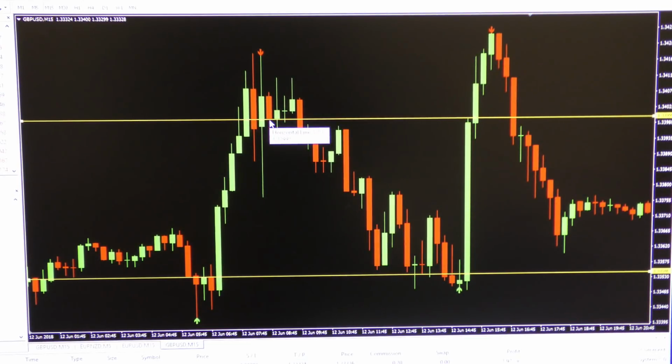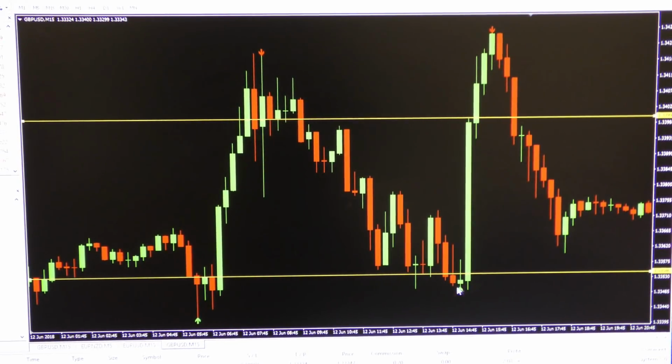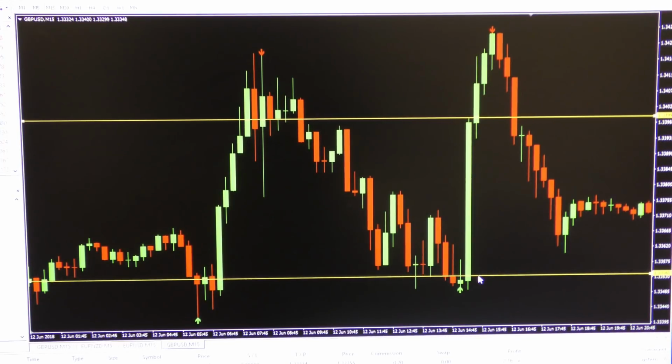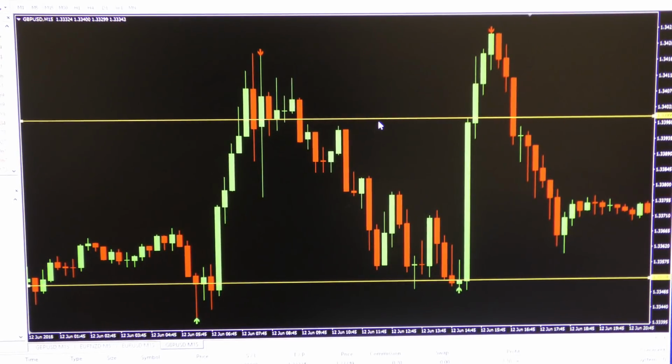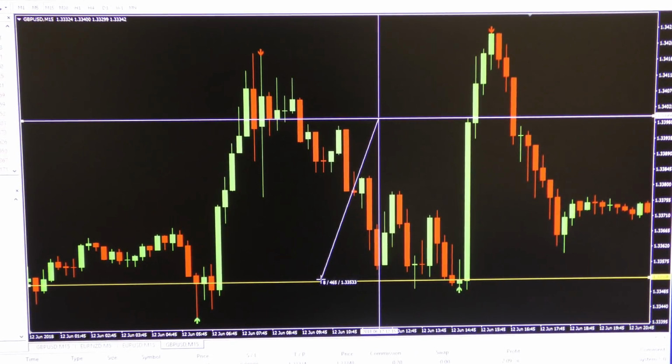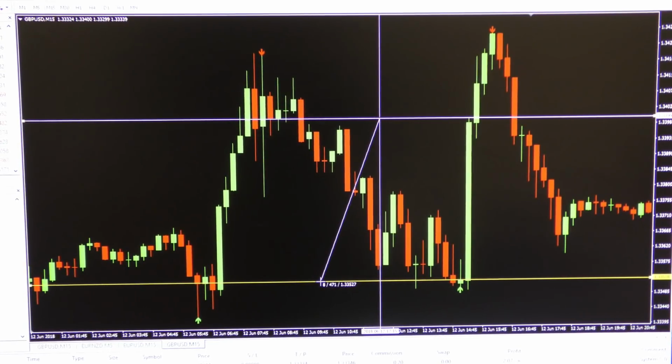Here sell, stop loss is up here, and you close here. Okay, exit here at the open of the new candle, and now your profit is 47 pips.